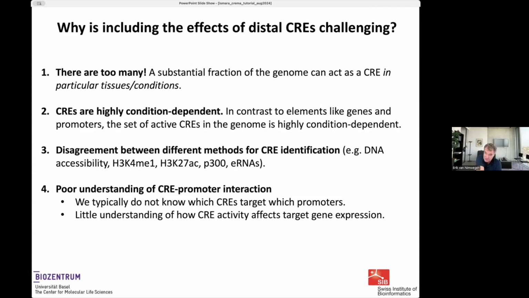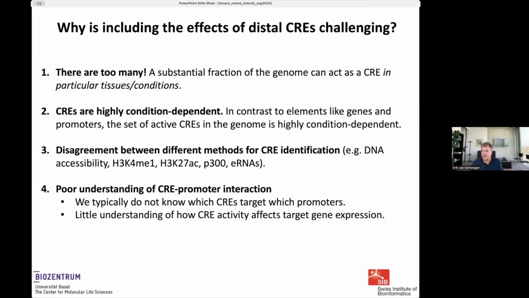For example, the lab of Alexander Stark in Vienna has done this, where you start screening random pieces of genome, put them in front of reporters and ask, can this piece of genome act as a regulatory element? And it turns out that a substantial fraction of the genome can act as a cis-regulatory element in some condition. So there are many of them.